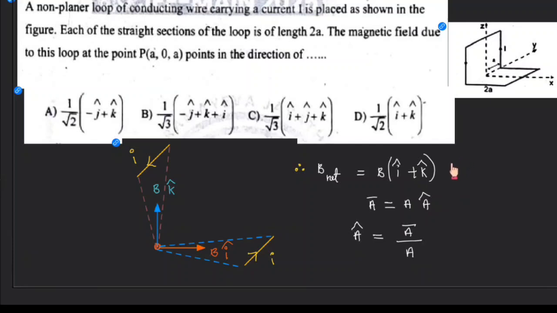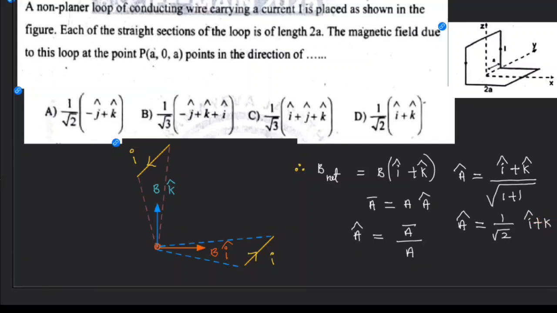The unit vector of I cap plus K cap is a cap equal to the vector I cap plus K cap, and the magnitude is the square root of 1 plus 1. Therefore a cap is equal to 1 by root 2 times (I cap plus K cap).